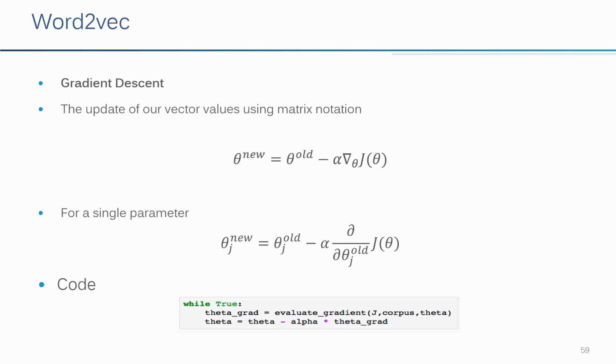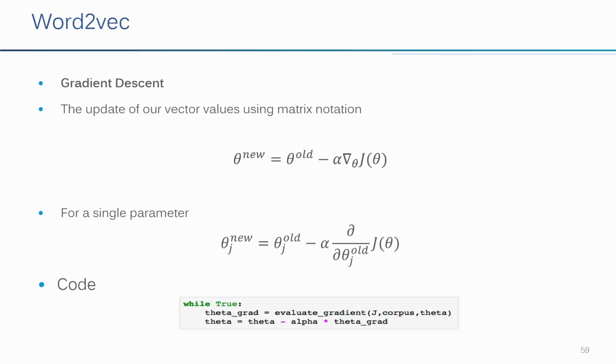For a single parameter, it's pretty much the same thing, but with a proper index. And all this, I would say, this last 10 minutes that we were talking about, it translates to 2 lines of code. It's just for you to have an idea what's happening behind the scenes. Of course, if you are working with optimization, this goes way beyond that, but that's not the case for us.